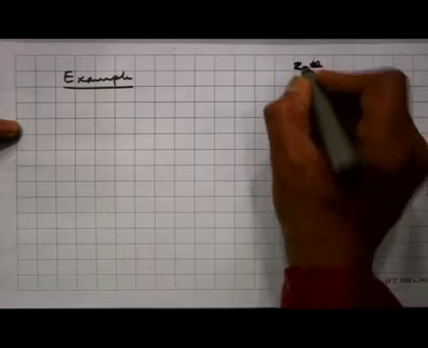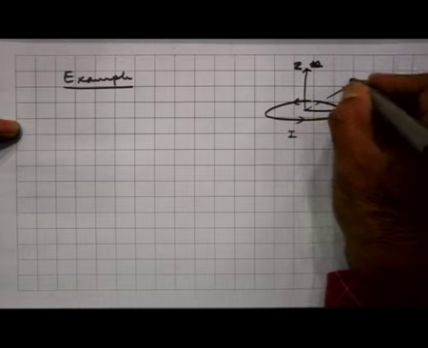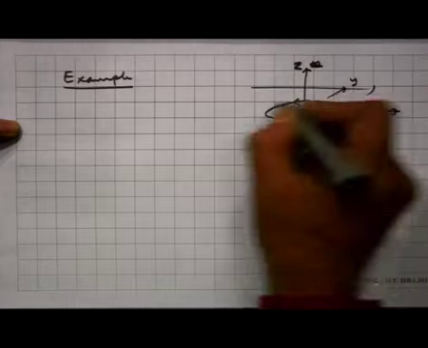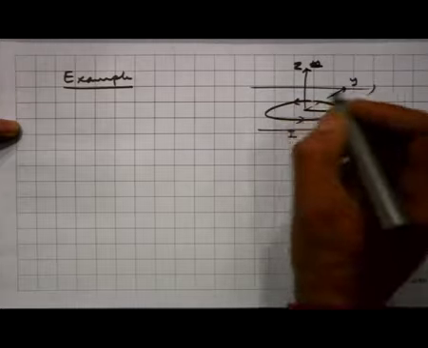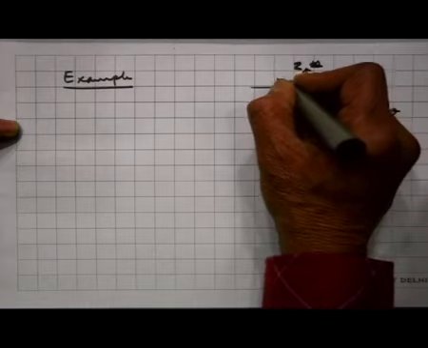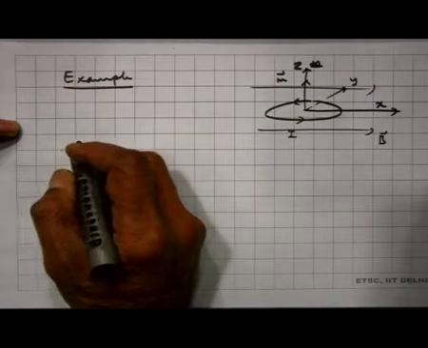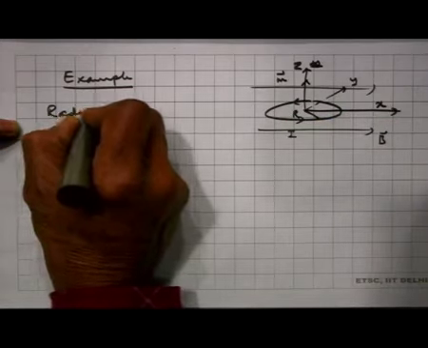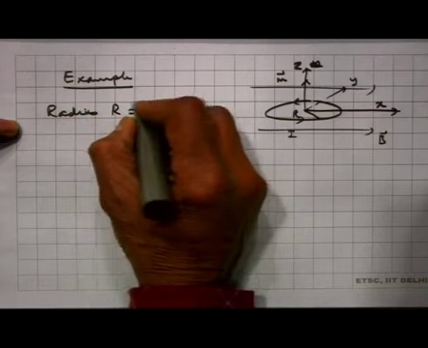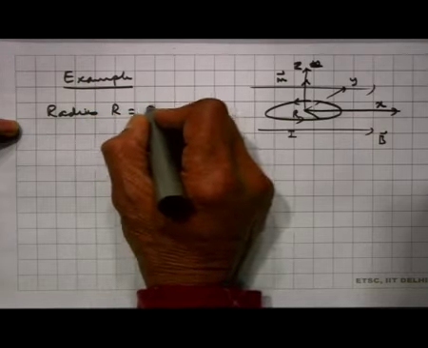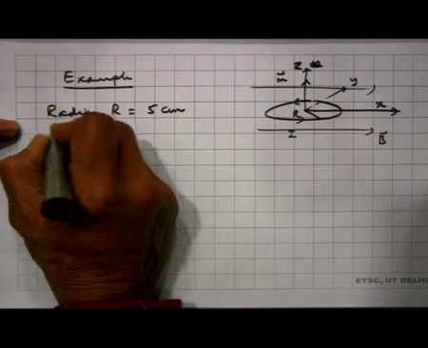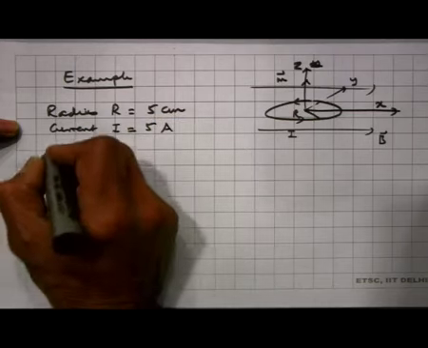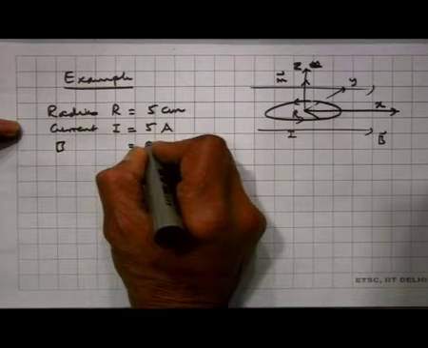So, this is z and y axis is like this, and I have a magnetic field which is pointing like this, and because the current is going like this, m vector is here. So, radius r is equal to 5 centimeter, current I is equal to 5 amperes, and let me assume a magnetic field of 0.1 Tesla.